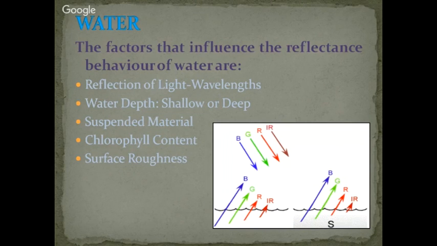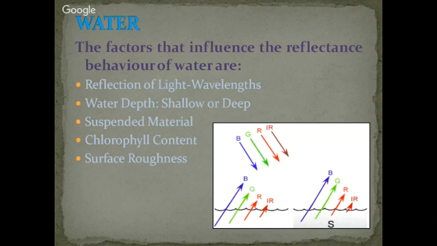If water is clear, clear water will reflect the bright bluish shades. Whereas in case of water bodies which have high suspended material in them, they will absorb more energy, and therefore their appearance will vary.